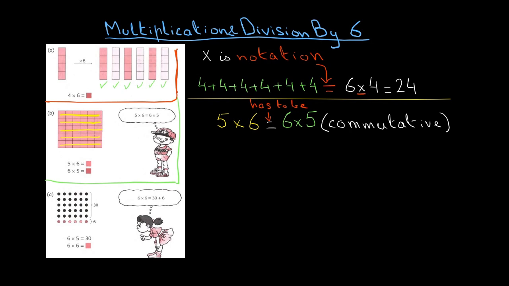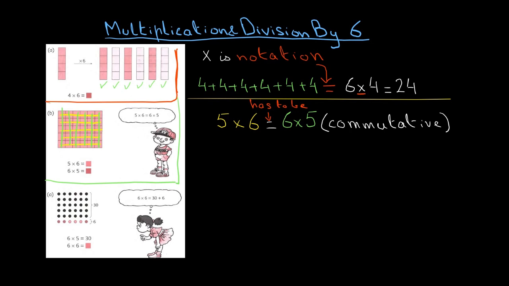When I count horizontally, I get 5 sixes. But if I take the same picture and start counting vertically, I have 1 five, 2 fives, 3 fives, 4 fives, 5 fives, and 6 fives. Since I'm counting the same number of squares, 5 sixes has to be equal to 6 fives.